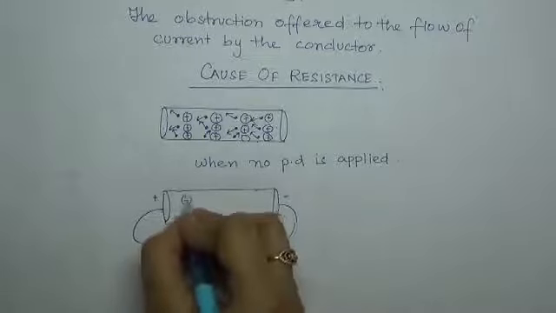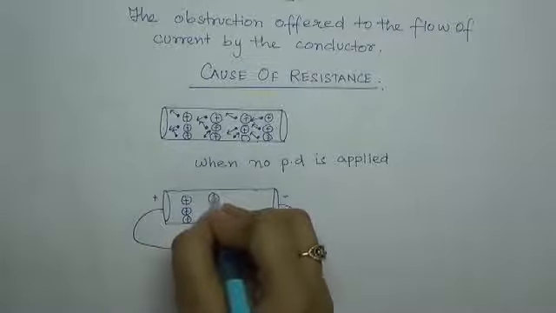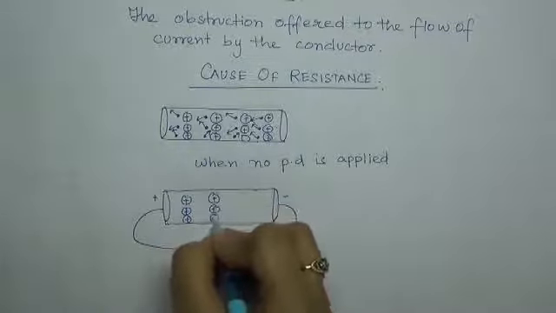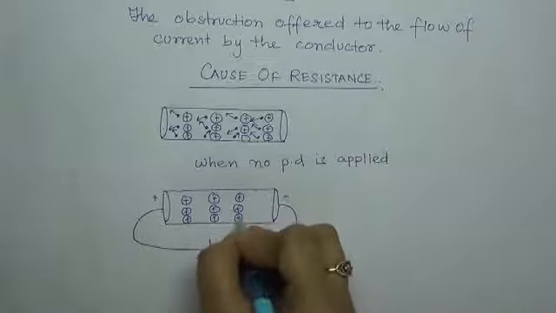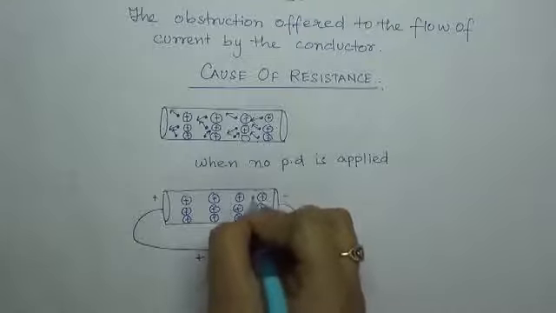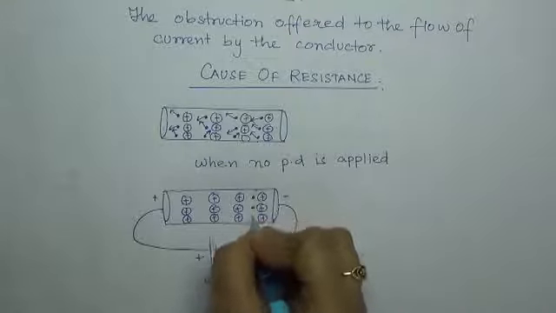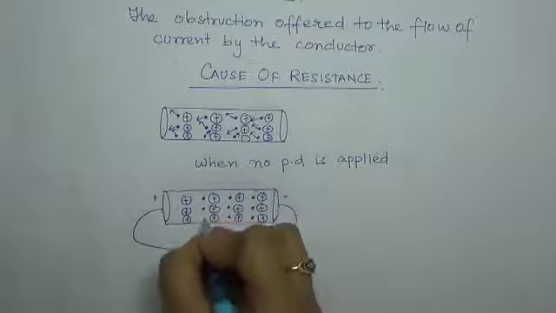So first let us draw the positive ions and the electrons to show the direction of flow of electrons. Dotted ones are the electrons.